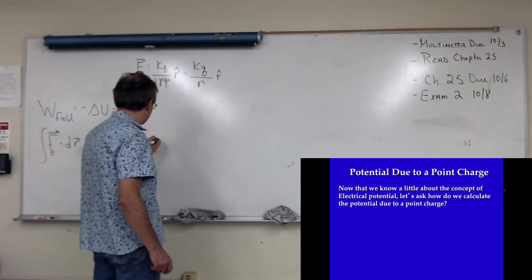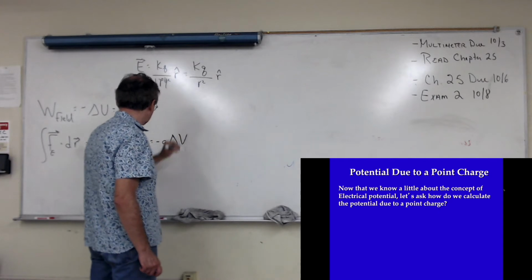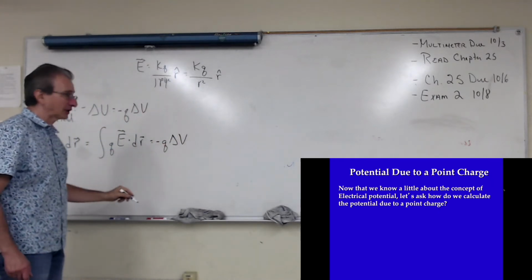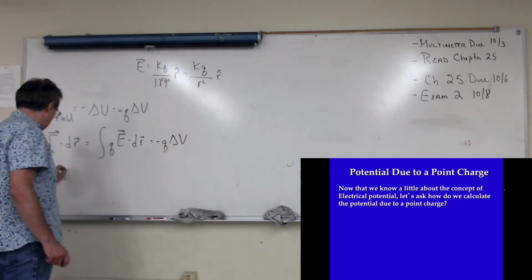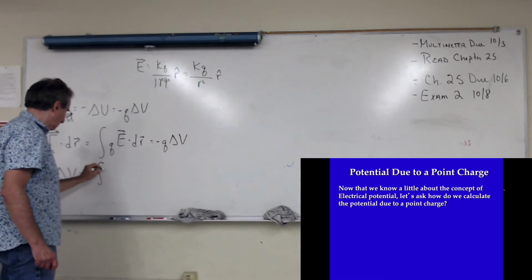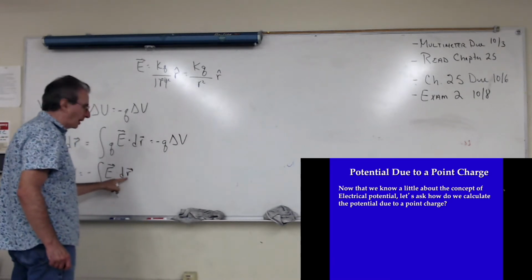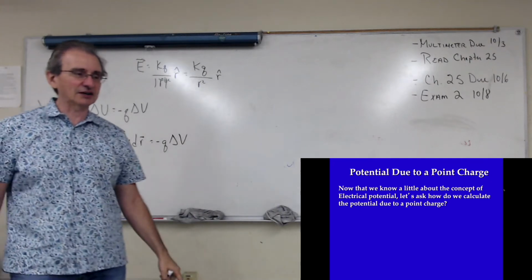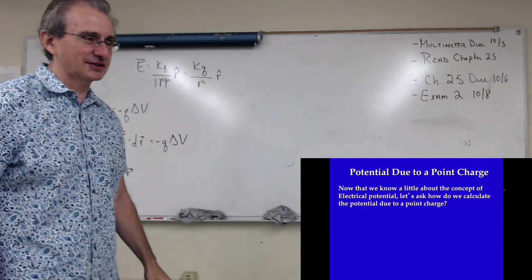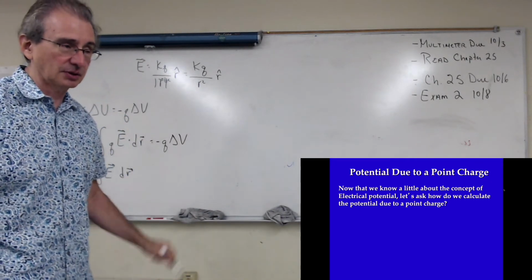And this is minus Q delta V. So if I solve this for delta V, and I apologize that I started using R's last time, and many of my notes have S's. The R and the S are the same thing. They're just the path element you're taking.